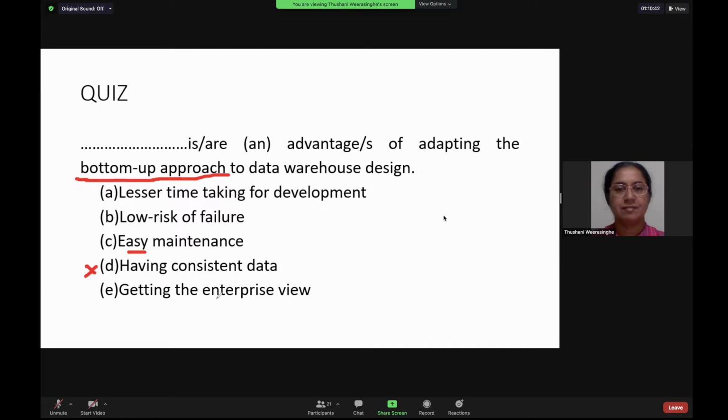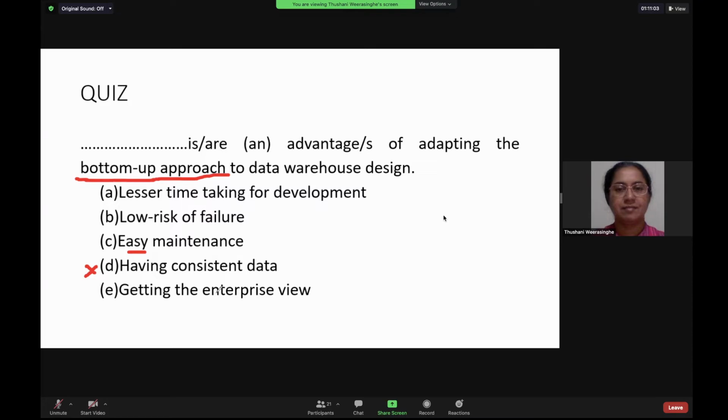Then the easy maintenance. Maintenance is easy. No, I told you, when you want to do some changes, it's very difficult because first of all, you might have thought of designing the data marts connected to other systems.